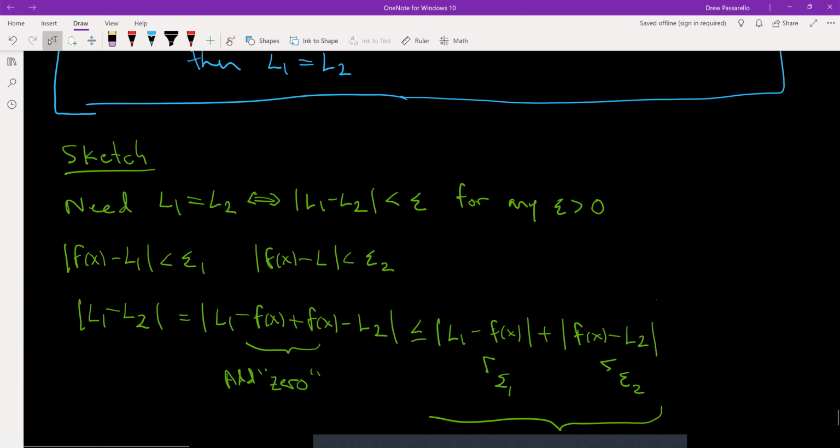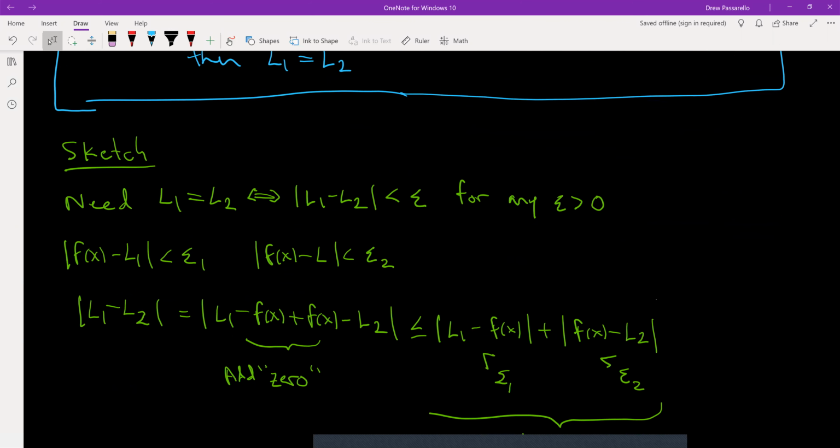In other words, L1 equals L2 if the absolute value of their difference is less than any epsilon. So for any real number epsilon, as long as that's true, then we can have L1 equaling L2. So we know from our limits that the absolute value of f of x minus L1 is less than epsilon 1, and the absolute value of f of x minus L2 is less than epsilon 2.